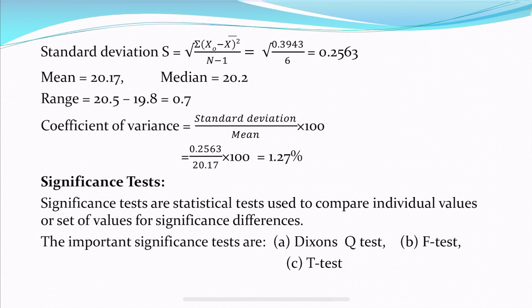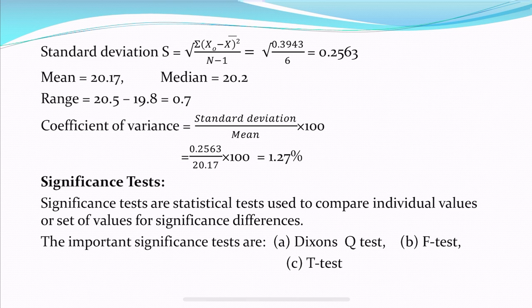Okay. To summarize my class in this session: I explained what is meant by precision, and with the help of precision how we calculate relative deviation, and what is meant by range.